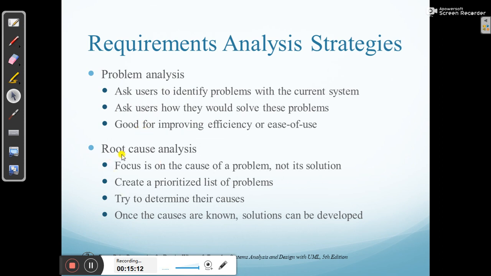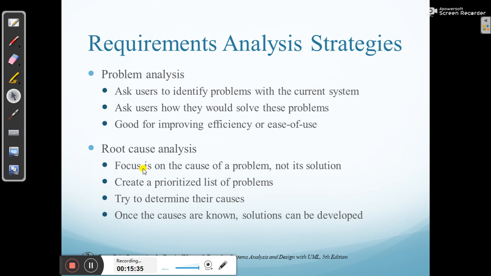Then we need to find the root cause. Focus is on the cause of the problem, not its solution. That is very important. To develop an information system, we need to go for finding out the root cause of the problem, not directly the solution. Create a prioritized list of problems.